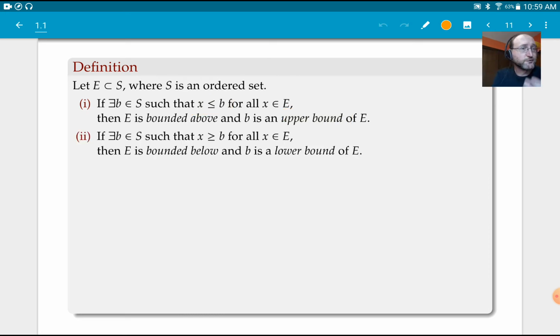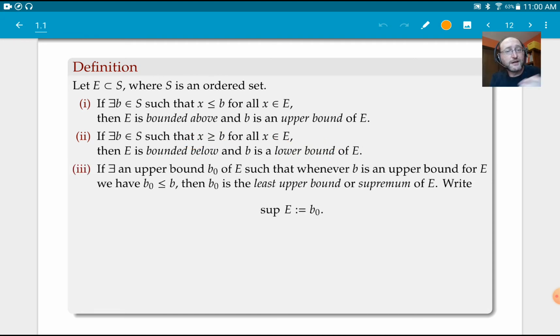Similarly for bounded below, it's basically the same thing, except that x is bigger than or equal to B for all x in E, and then B is a lower bound. And if a lower bound exists, then the set E is bounded below. Now, we also have, possibly, a least upper bound, the smallest upper bound.